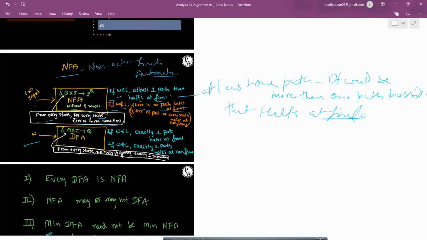Either no path or every path holds at non-final. If W belongs to L, there could be exactly one path, but here the paths are more than one.